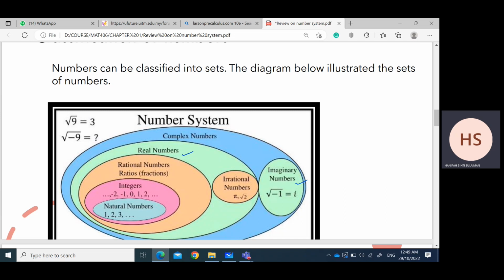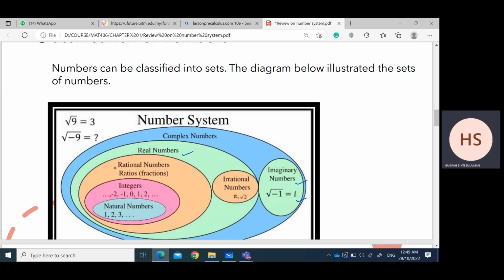So means that number tidak disetkan di dalam mana-mana calculator. So kita kenali nombor ini sebagai imaginary number. And a real number, so what is a real number? Adalah nombor yang biasa kita gunakan.